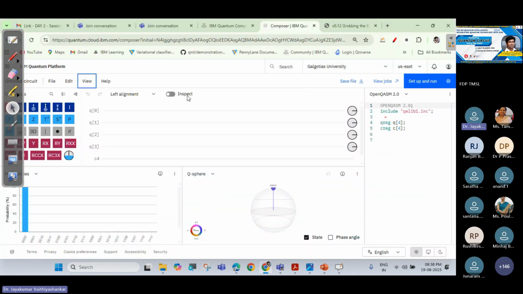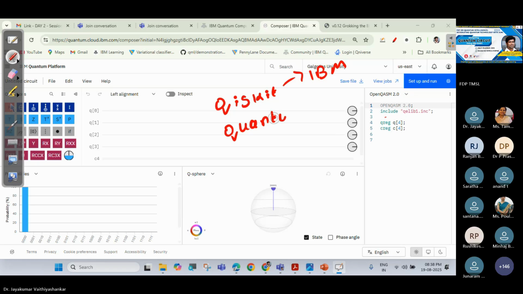Once you have logged in, you can see a dashboard like this. This is an IDE. This software is called Qiskit, developed by IBM. Qiskit stands for Quantum Information Science Toolkit.